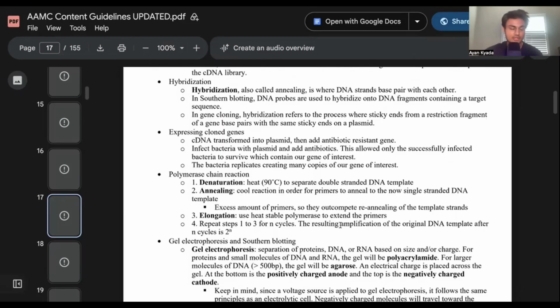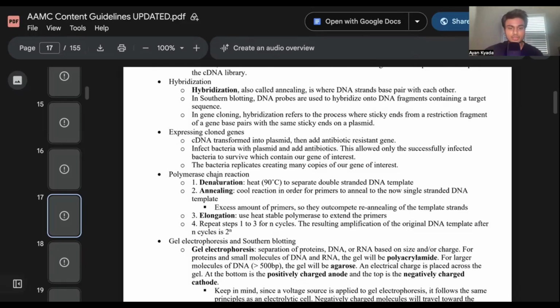So say you have a trace amount of DNA and you want to really amplify it so you have enough DNA to work with to study it. What you're going to do is use polymerase chain reaction, and that's going to create millions, if not billions, of sequences of the original DNA template. So now you have something to work with instead of just trace fragments of DNA.